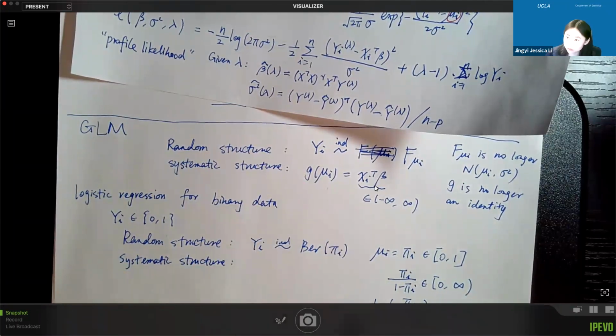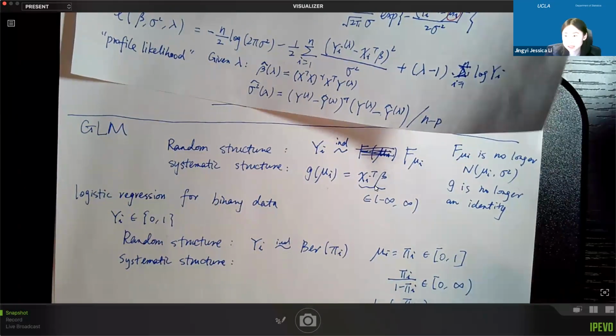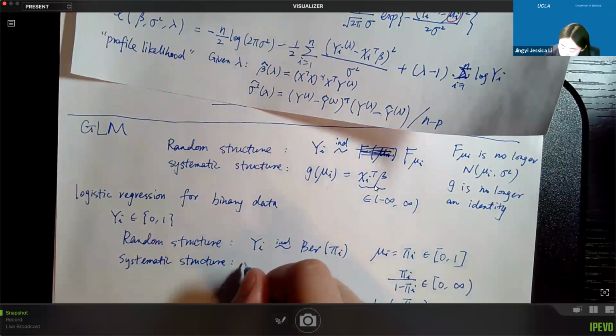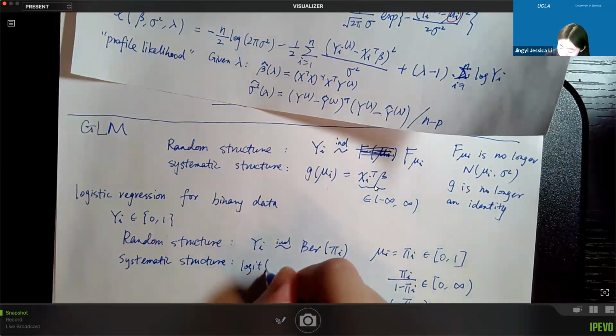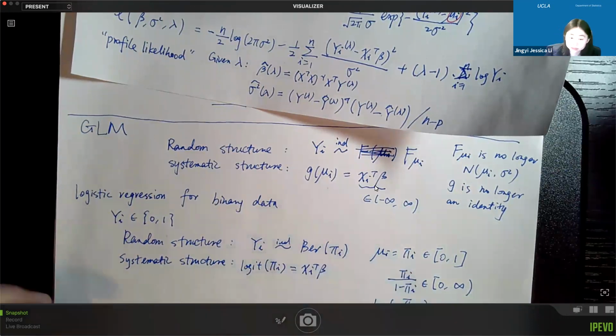So this is exactly what we have defined as the logit function. It's defined as logit pi I, so it's basically the log transformed pi I over 1 minus pi I. So the systematic structure is logit pi I equals xi transpose beta. And that's it. This is the logistic regression model.